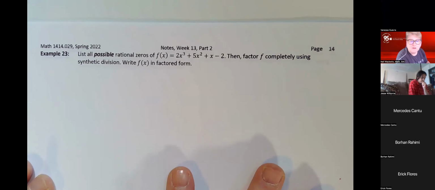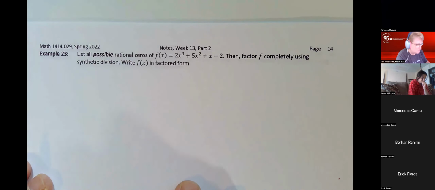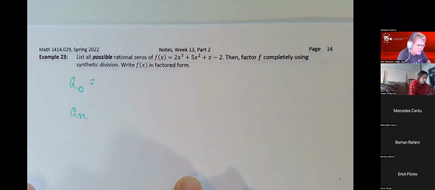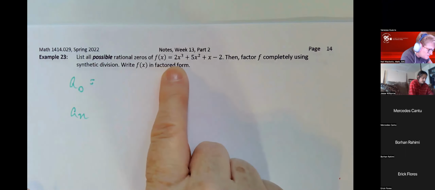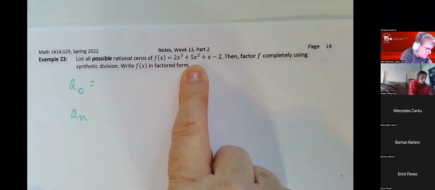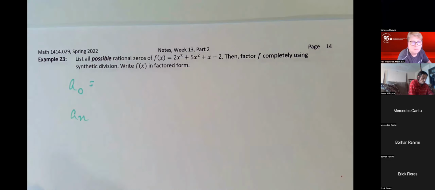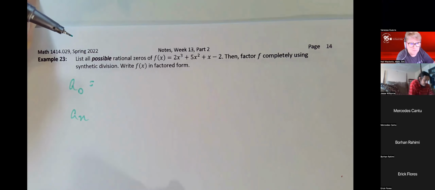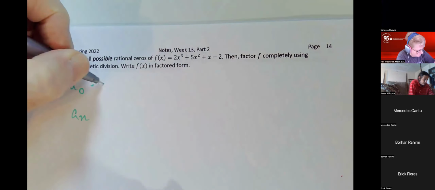We have time to do one more. So first, we're going to write down all the possible rational zeros. What is a naught for the polynomial f of x equals 2x cubed plus 5x squared plus x minus 2? What is the constant term? -2.